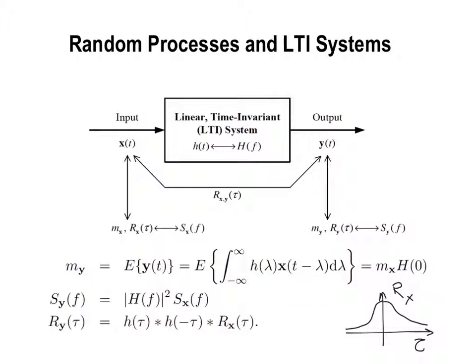So now, assume that this is not a random process. Let's start with a deterministic function. If I have x of t going to the input of a linear time invariant system, and the output is y of t, and both of these are deterministic.